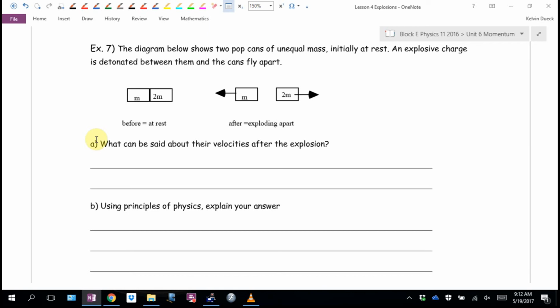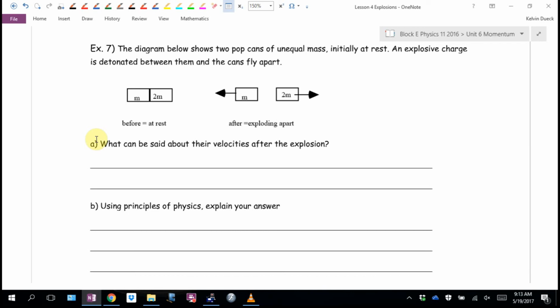Are they the same or different? Patrick says different. Why? Which one's going to be going faster? Lighter can or heavier can? Lighter can? In fact, what's the relationship between the two masses? One's twice as heavy, so the lighter can is going to be going how many times faster?